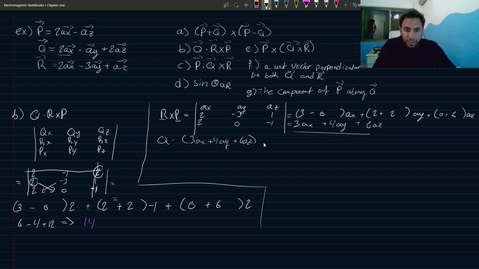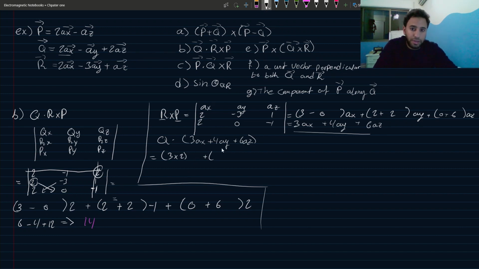Well, it's as simple as Q, 3 times 2, ax plus 4. Oh, there's no ax. Don't forget this is dot multiplication.